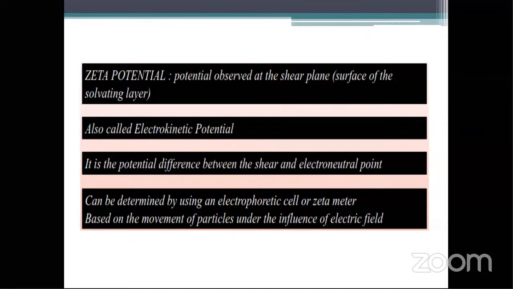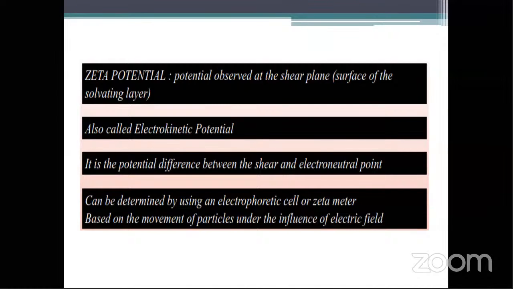In that picture, what is the meaning of shear plane? A dash, BB dash, CC dash, or DD dash? Which one is the shear plane? BB dash. Very good. So zeta potential is the potential observed at the shear plane, that is BB dash.